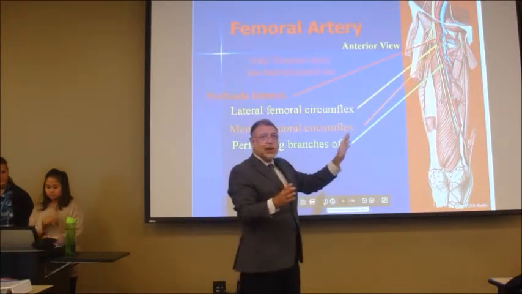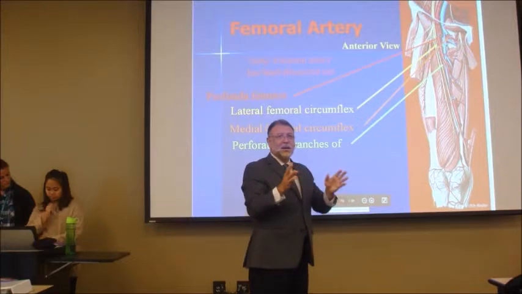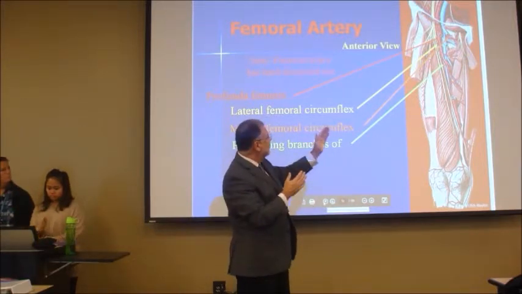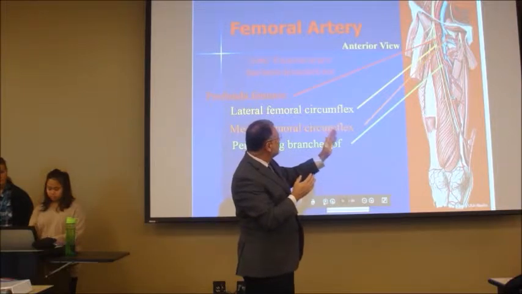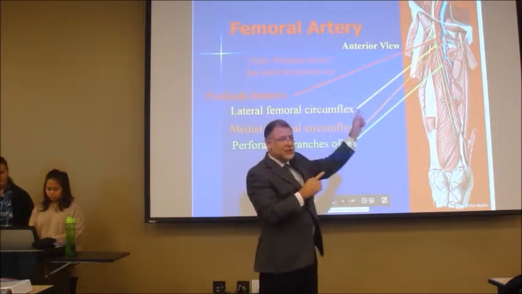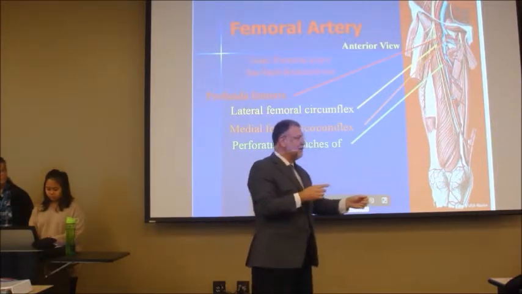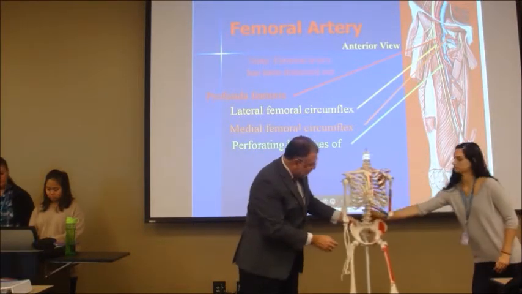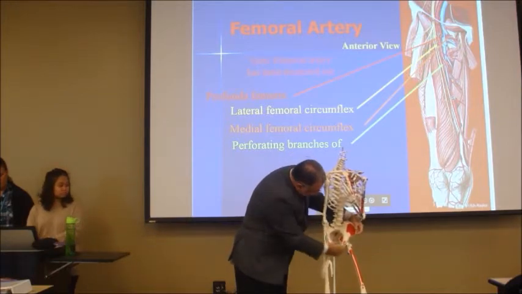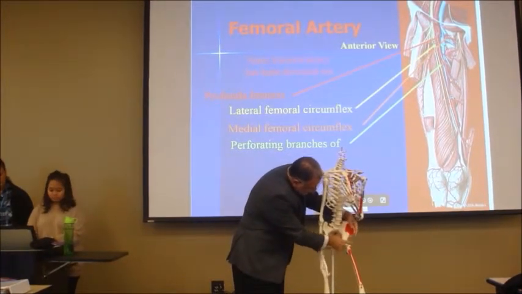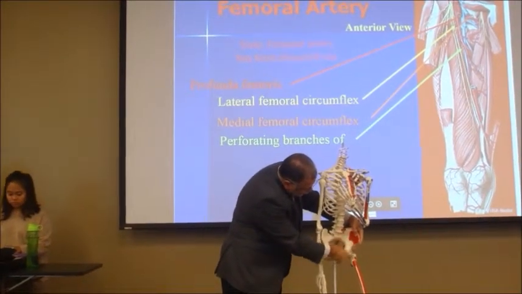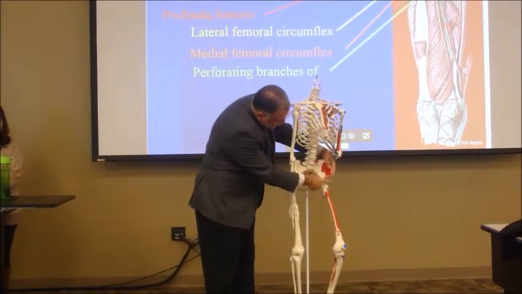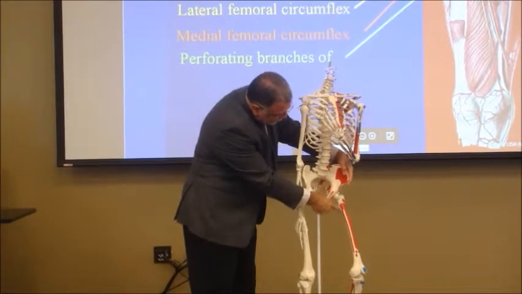The femoral triangle has, as a mnemonic or acronym, SAIL, because S will be the sartorius, and the sartorius, remember, it attaches at the superior, let me bring the model again, it's going to be from the superior anterior iliac spine up here. So the sartorius is going to be one of the boundaries for this triangle.